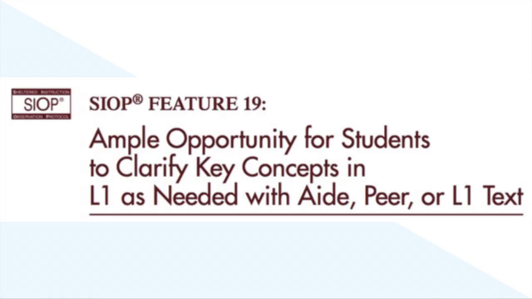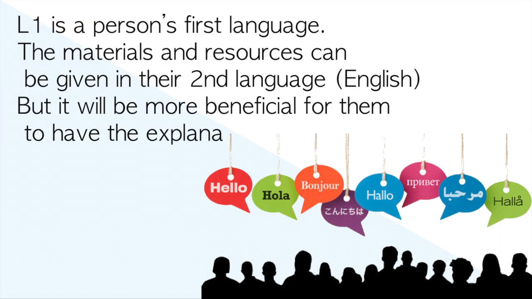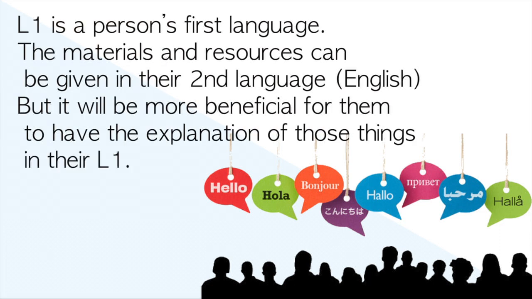SIOP Feature 19: Clarify key concepts in L1. L1 is a person's first language. According to the resource, English learners get their materials and sources in their second language, but it is important and beneficial that they can get an explanation of these materials in their first language, because it will help them connect the information in both languages.